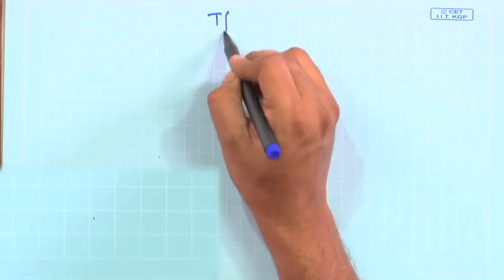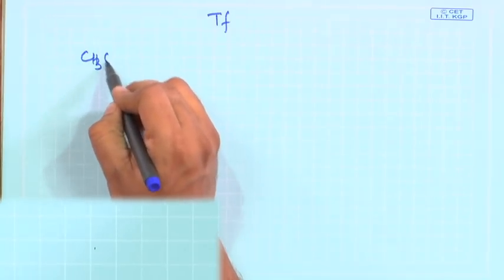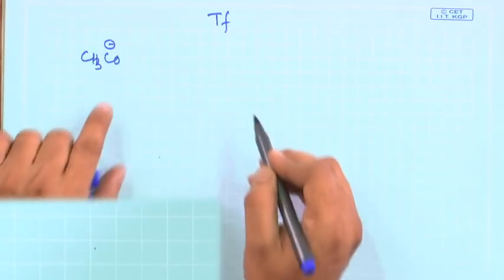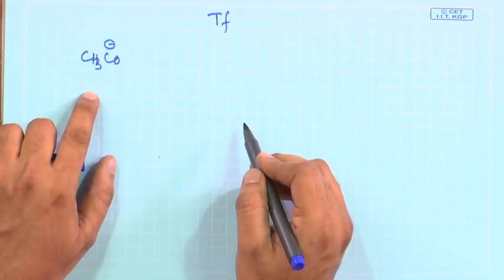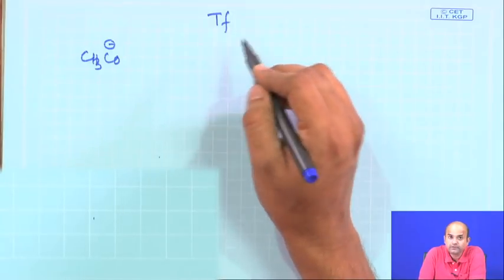Sometimes I will ask you whether there is any direct reaction you can think of for doing this transformation, means is there a way you can generate this kind of umpolung species in situ, I mean in the reaction mixture? Answer is yes.